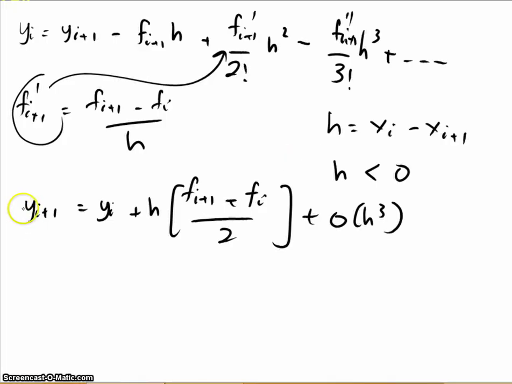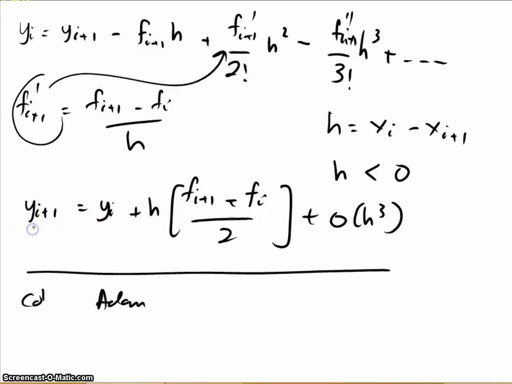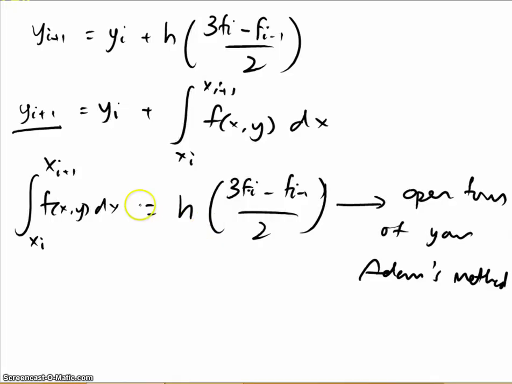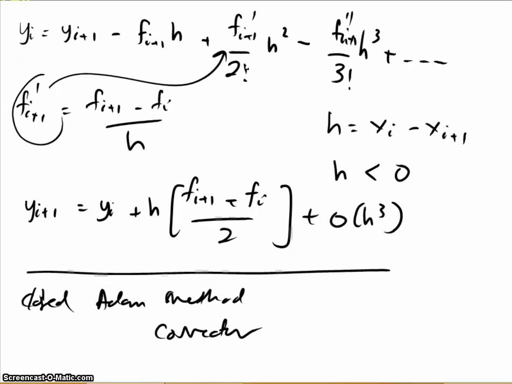Okay, so this is known as your closed form Adams method, and it is used as a corrector step to your previous predictor step. So this open form is basically a predictor, which means I can call this with a superscript 0, and then I can use my closed form method with a superscript 1 to find out what is my y_{i+1}.